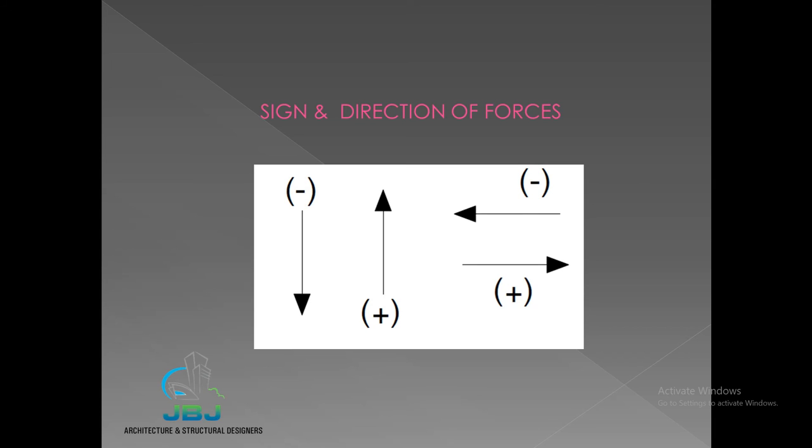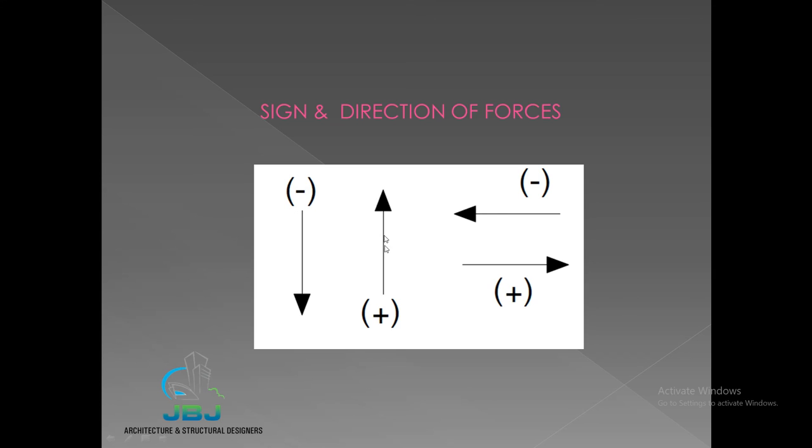When you analyze this kind of frame, whatever it may be, a cantilever frame or a simply supported one, it doesn't matter. In this situation, the sign convention takes a pivotal role in analyzing all kinds of frames. If the force is acting in the downward direction, you should consider it negative.